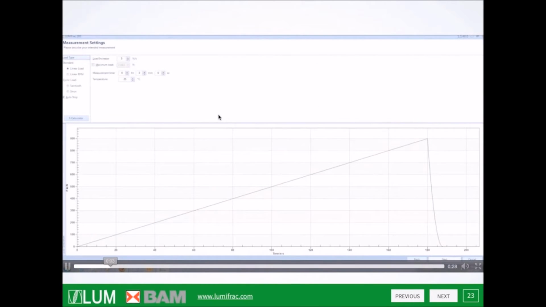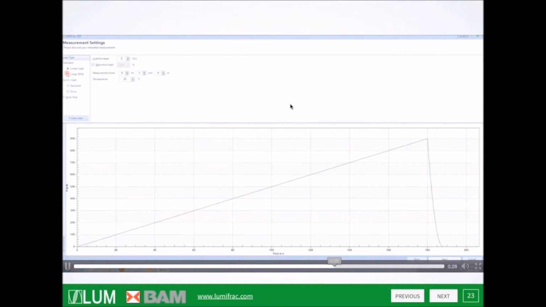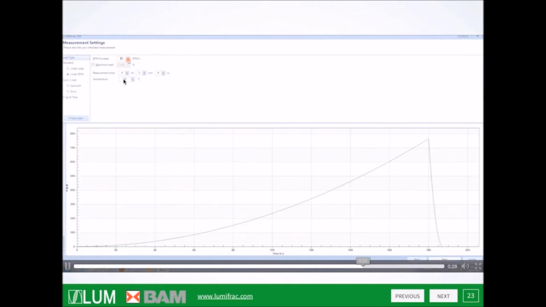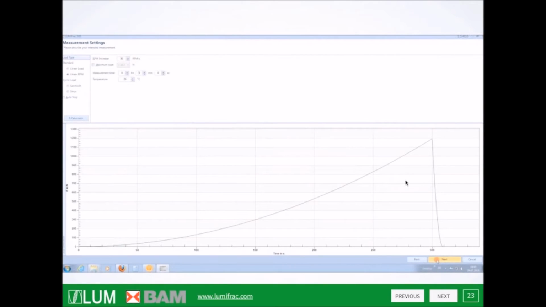You have different possibilities. You may increase the load or you may increase the RPM. You can establish how quickly the load has to be increased, how far it has to be increased, meaning the maximum load, the measuring time, how long you would like to measure, and which temperature. And there is a simulation tool which immediately shows you how the load will increase over the time of the coming experiment.